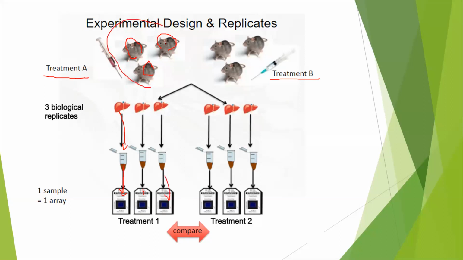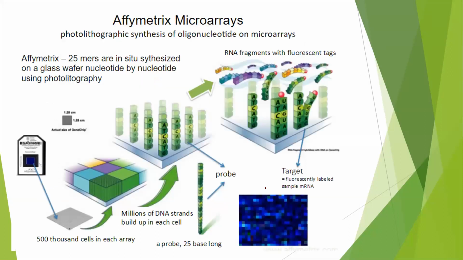This is for treatment A, and for treatment B we do the same thing to get the data for each single mouse. So this is the biological mechanism for the microarray.